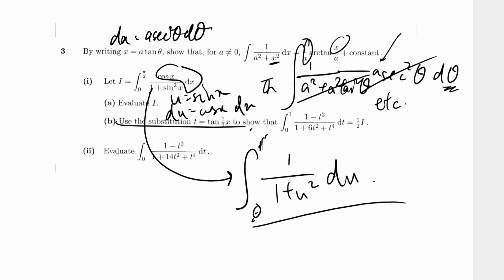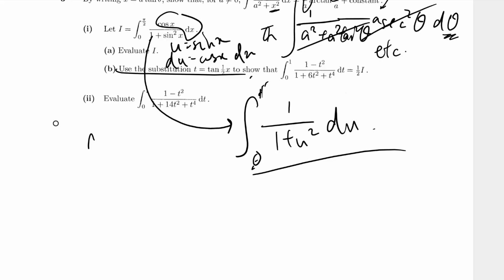Okay, so t equals tan half x. So what can we do? Well, do what we were told. dt equals what? dt equals sec squared half x, times a half I suppose, dx. Something along these lines. And what have we got? So I have something like from 0 to 1.